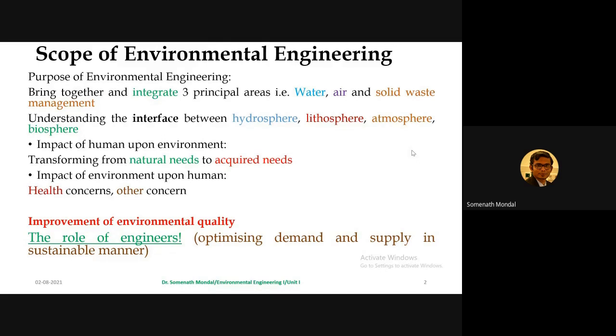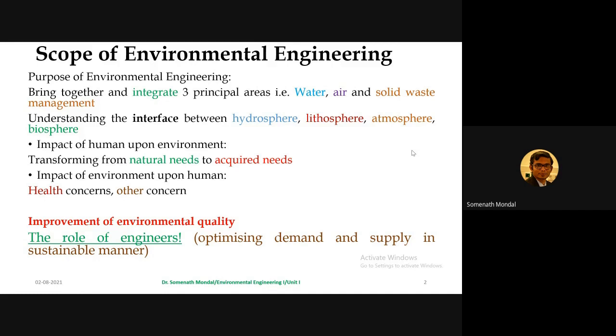Now, with respect to time, in the last 2 centuries the population growth has become exponential and uncontrollable, which in technical words we call population explosion. And because of that, all those natural resources are under great challenge.